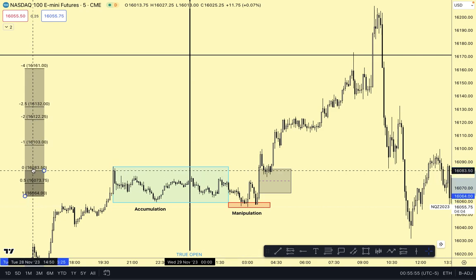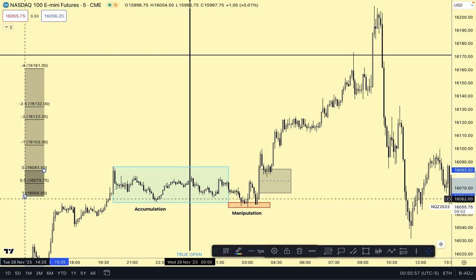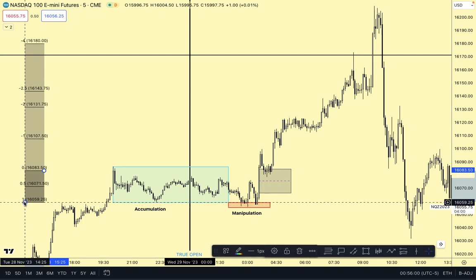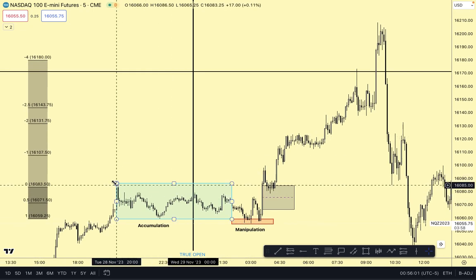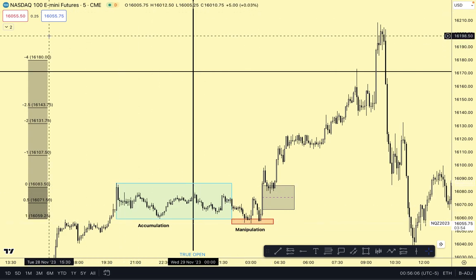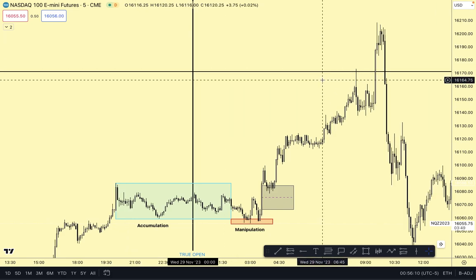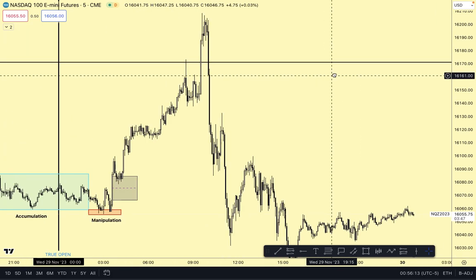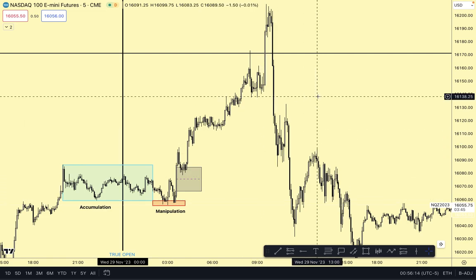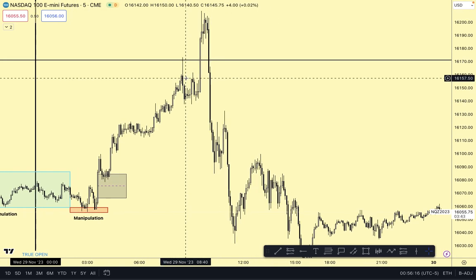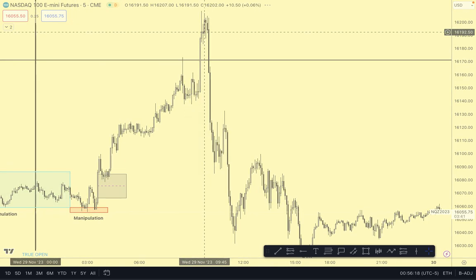If I'm measuring using that to that, then it gives me that level. But the whole time, that PD array there, that level, that was the target. M1.